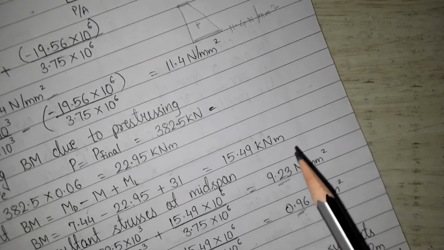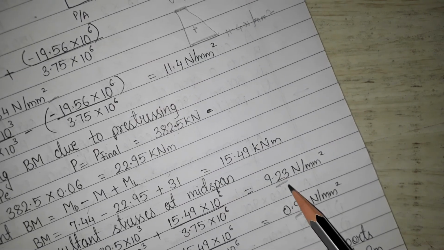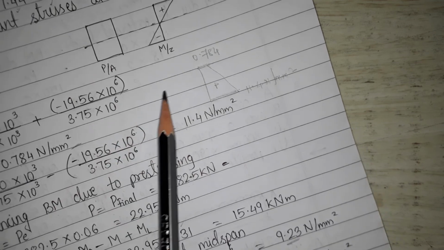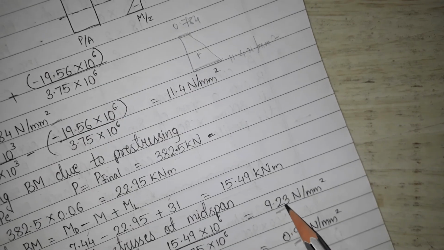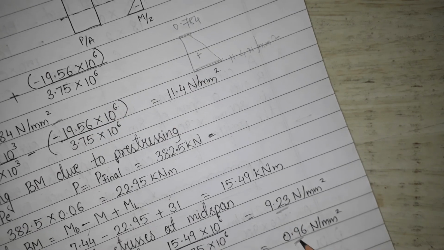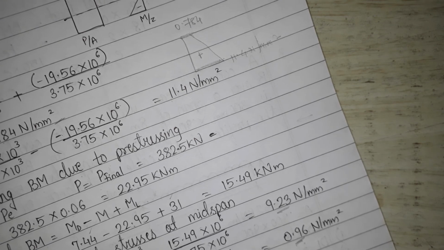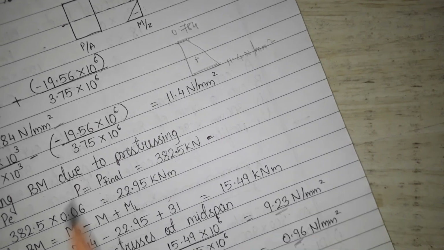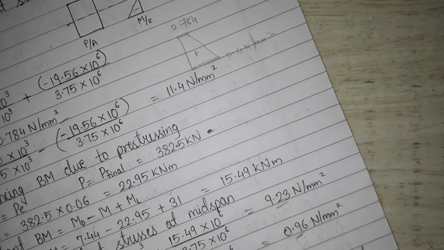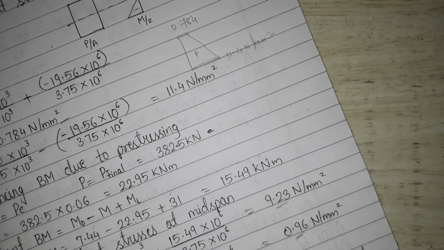Here we have got the maximum at top, that is 9.23. In the first case we had 0.78, but here it is 9.23, and at the bottom we have got 0.96, whereas earlier it was 11.44. So there is a change when we consider the final pre-stressing force and live load both. Okay, understood?